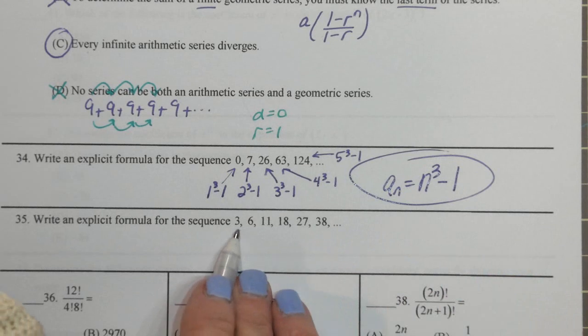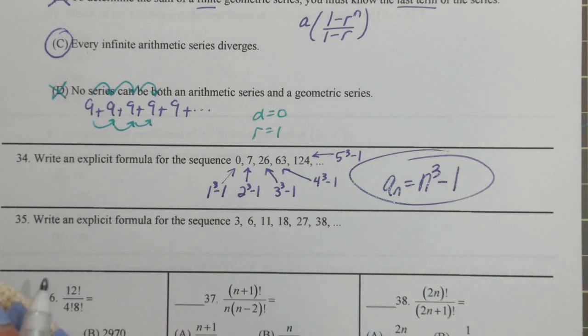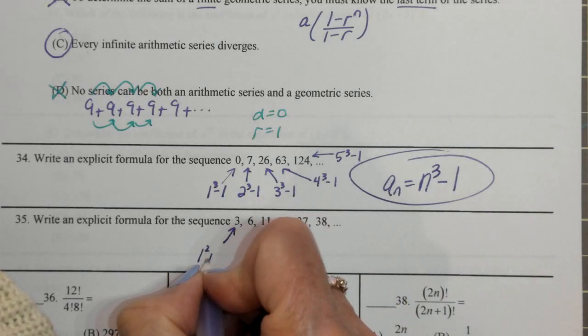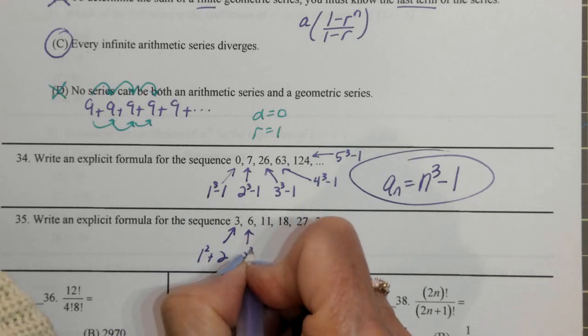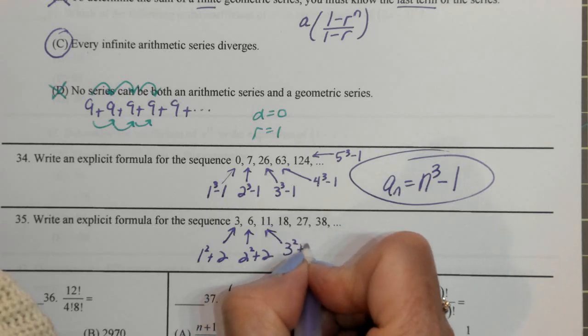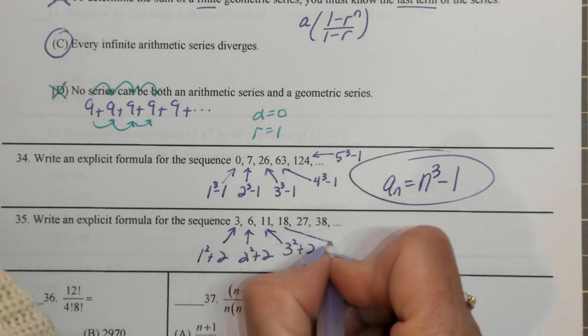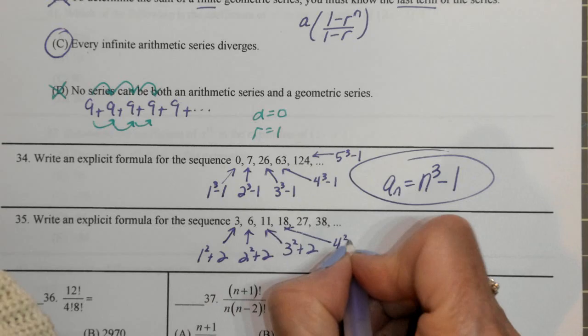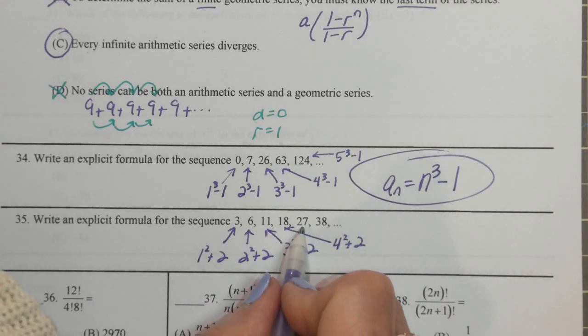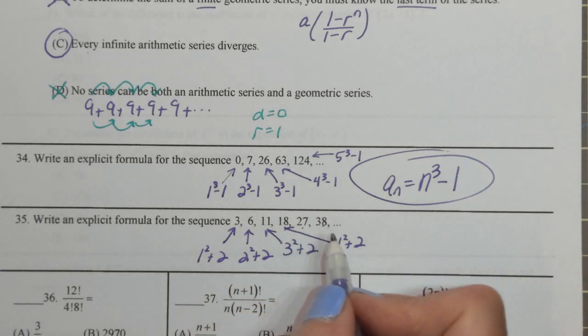Let's write an explicit formula for this one. Let's see, what is the pattern this time, you guys? Is it 1 squared plus 2? 2 squared plus 2 would be 6. 3 squared plus 2 would be 11. 4 squared is 16 plus 2 is 18. 5 squared is 25 plus 2 is 27. 6 squared is 36 plus 2 is 38.